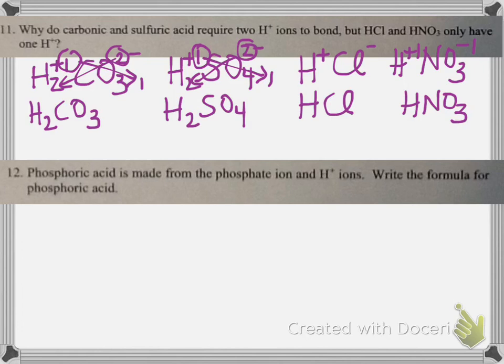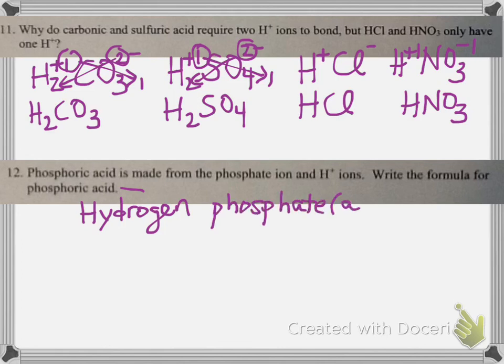Phosphoric acid is made from the phosphate ion and hydrogen ions. Write the formula for phosphoric acid. So again, I wouldn't call it phosphoric acid, I would call it hydrogen phosphate. I might say AKA phosphoric acid, but I'm going to call it hydrogen phosphate. So hydrogen has a charge of +1 as an ion.